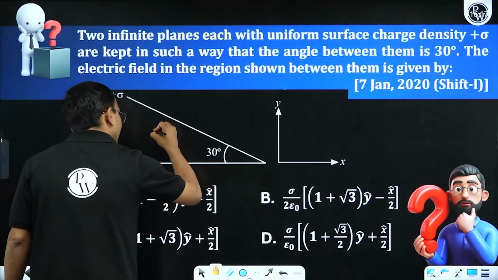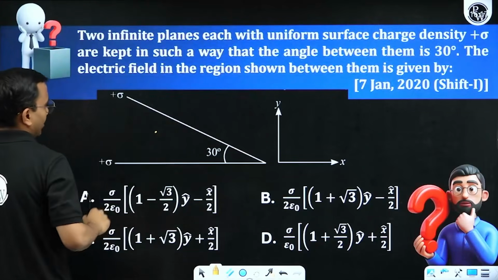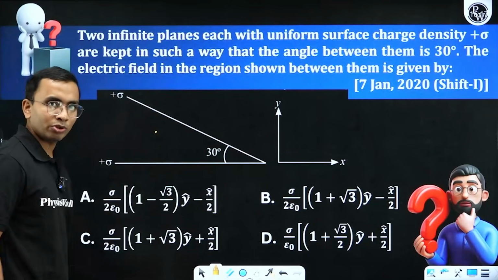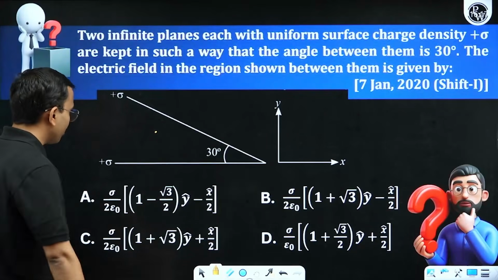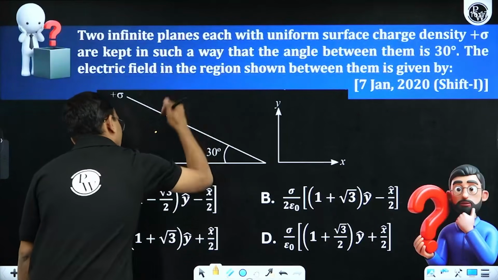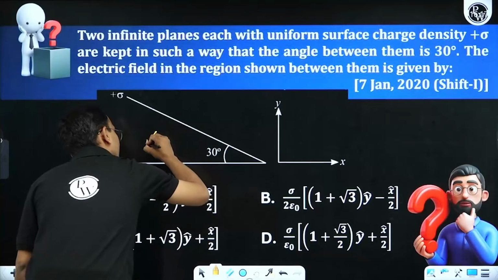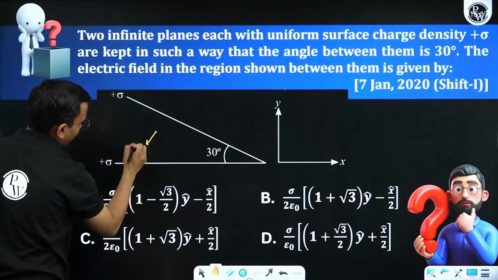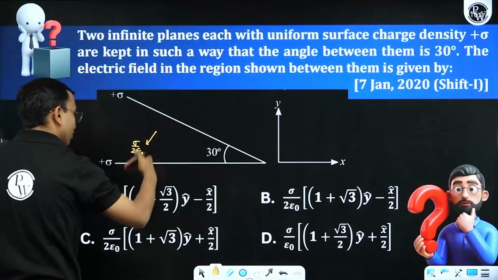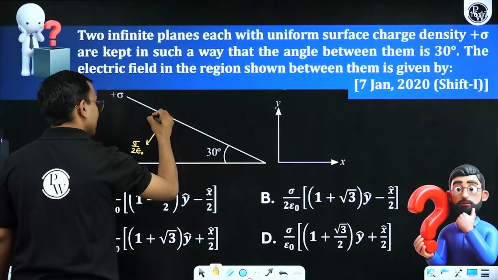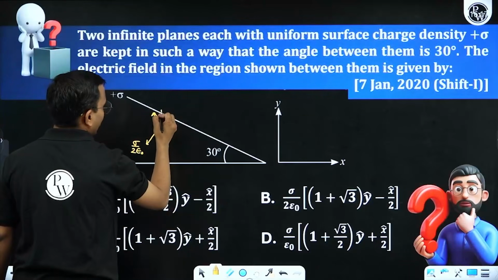So at any point here, I will write the electric field due to both the planes and take the resultant of that. That is the principle of superposition. So due to this, it is in this direction, sigma by 2 epsilon naught. Similarly, due to the lower sheet, that is in this direction, sigma by 2 epsilon naught.